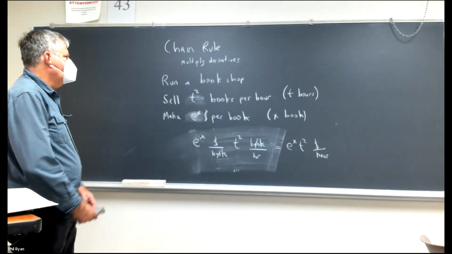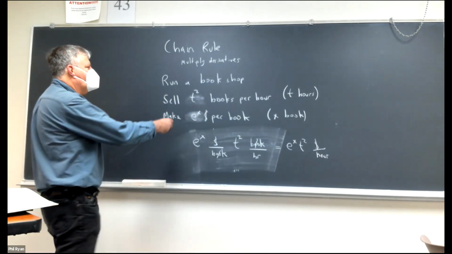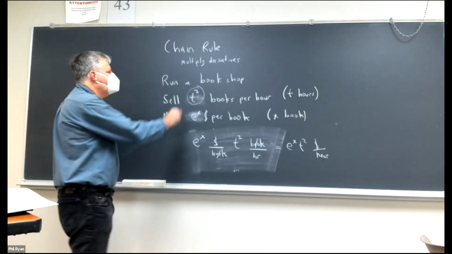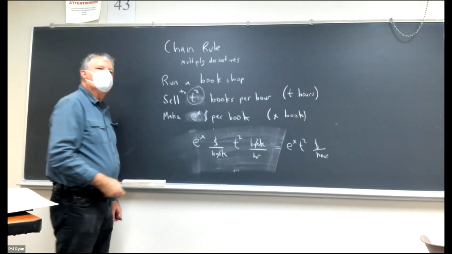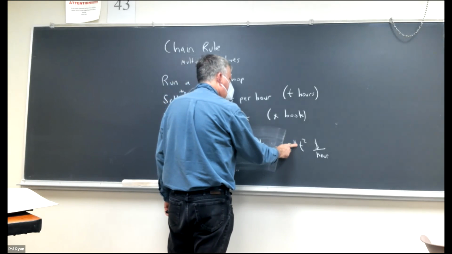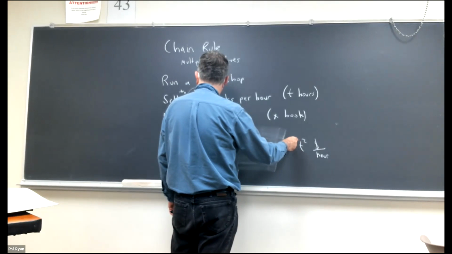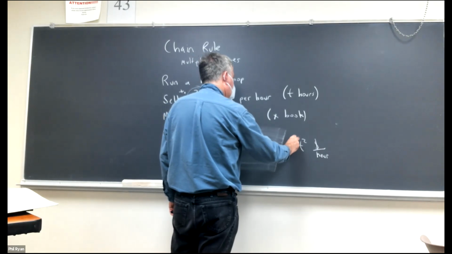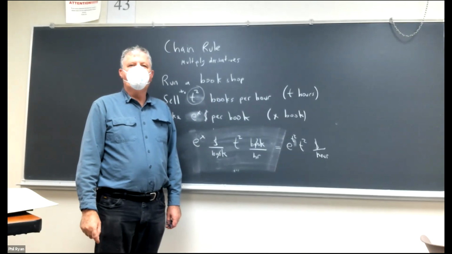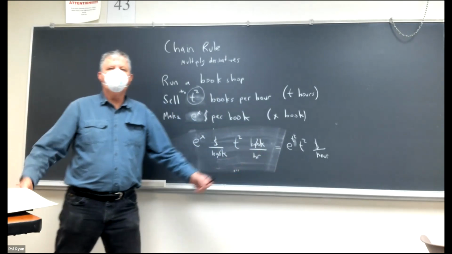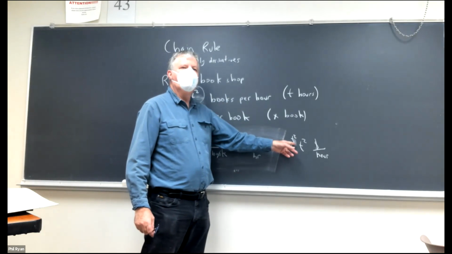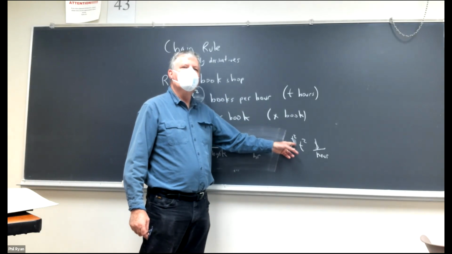But we can see here, t squared books per hour, x equals t squared. Still looks strange, but it's true. Okay, we've done it. And that's kind of like the only hard bit that we did, was turning that x into a t squared.